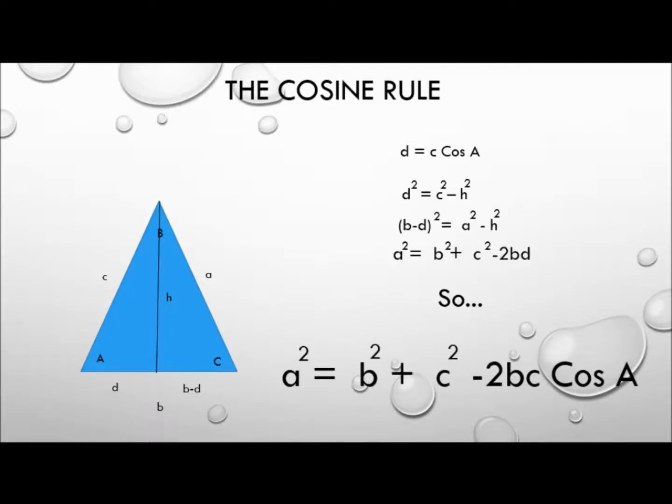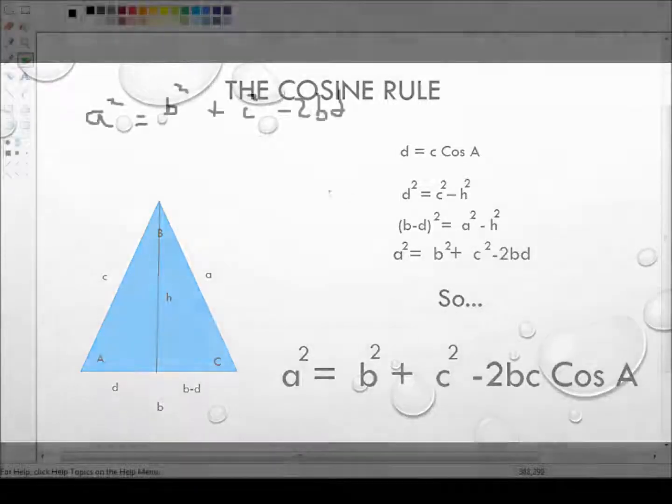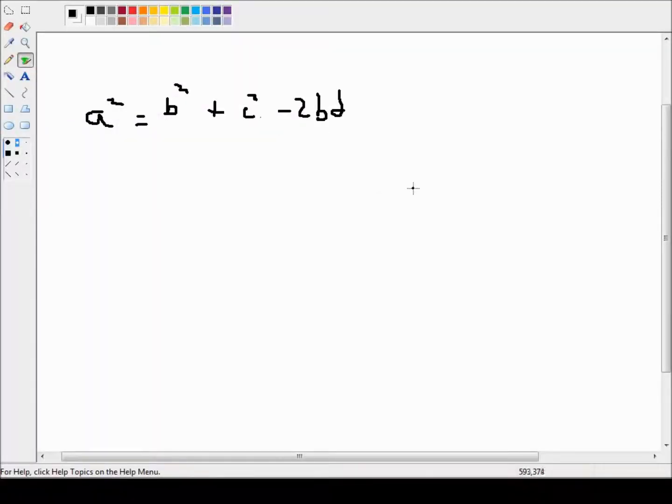A squared is equal to b squared plus c squared minus 2bc cos A. If you can remember right back to the beginning, we said that length d is equal to the hypotenuse, which was c, times the cosine of angle A. And if d is equal to c cos A, then all we do is take our c cos A and substitute that in where we see the d.